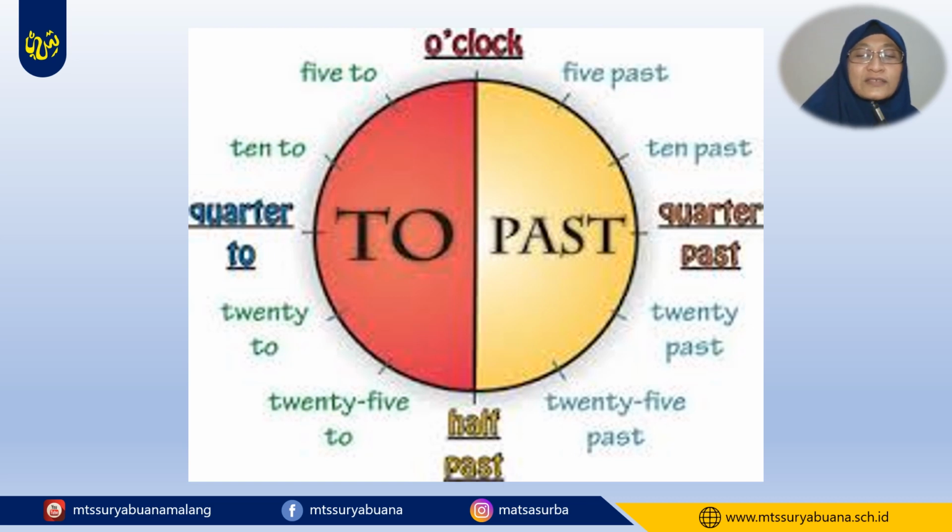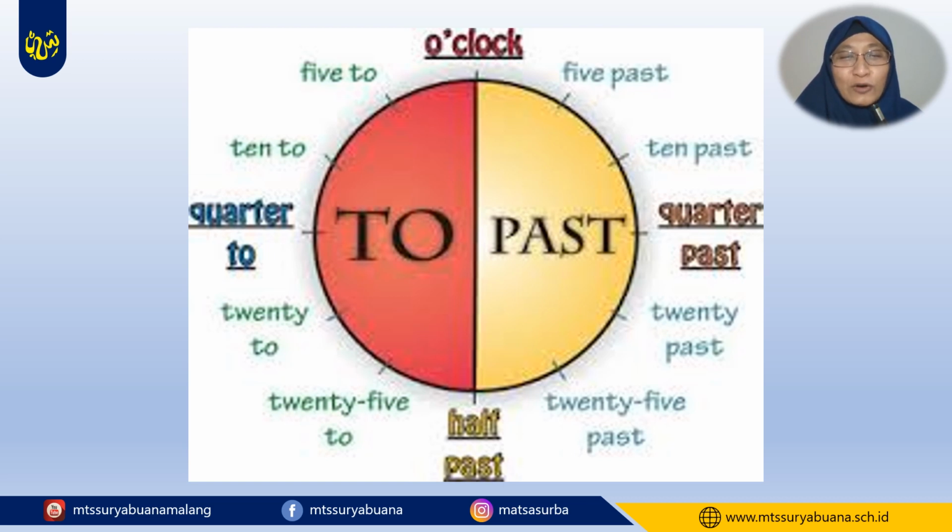When it's on number 6, we read this as half past. And when it's on number 9, it's a quarter to. Now what about if the big hand is on number 1?